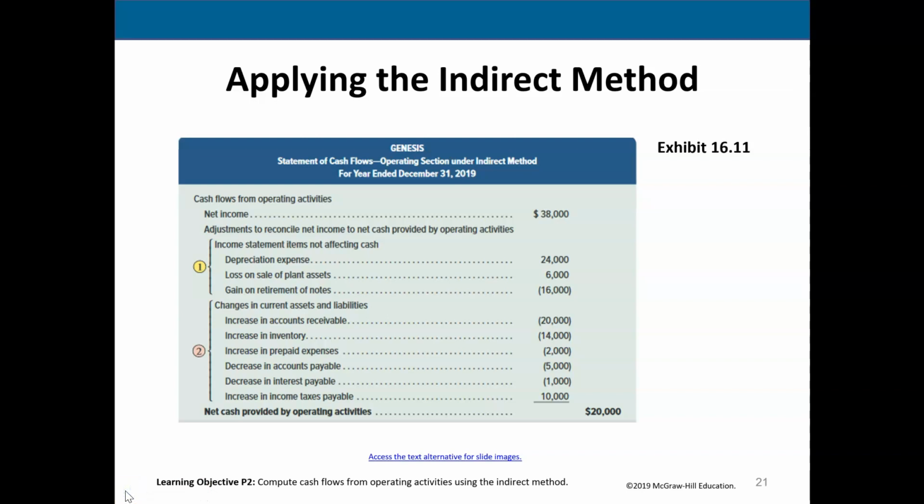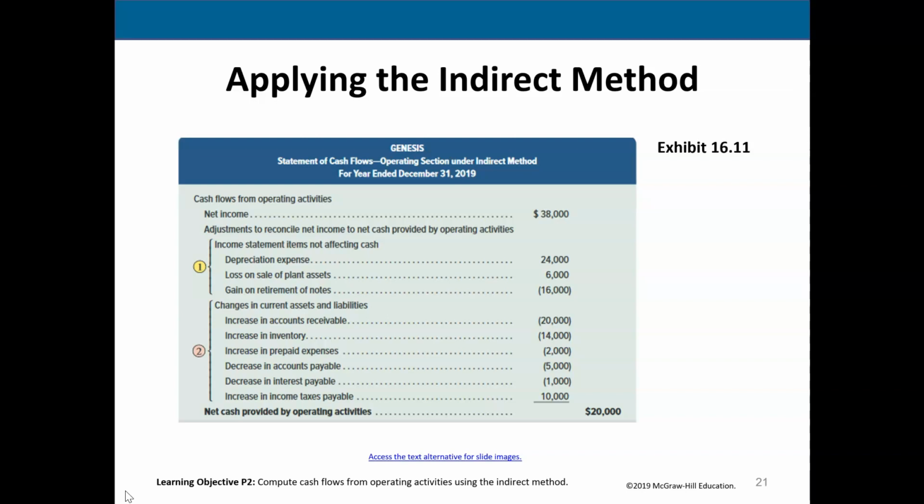Okay, another thing I wanted to bring to your attention is, for example, accounts receivable. It increased $20,000, and you see how it's a negative $20,000? Think about the transaction that happens when you use accounts receivable. Say that you're a store and you are selling an item and they charge it. So you recognize the sale, and that will be a credit to sales, and then you debit accounts receivable.